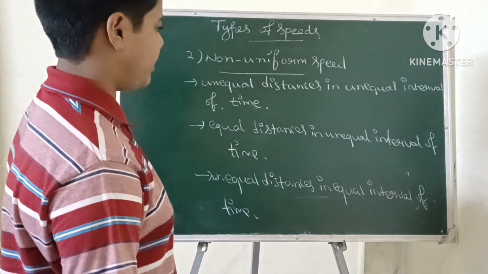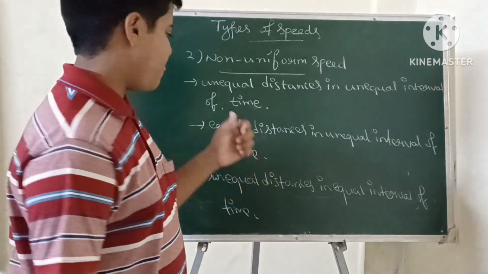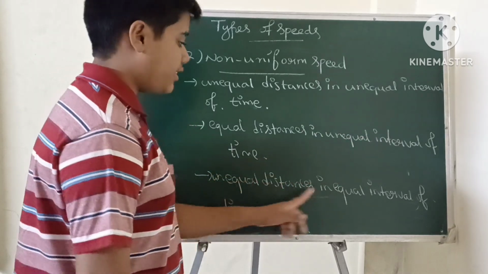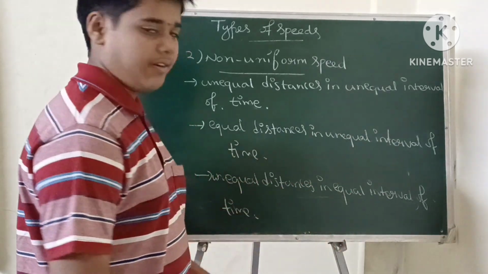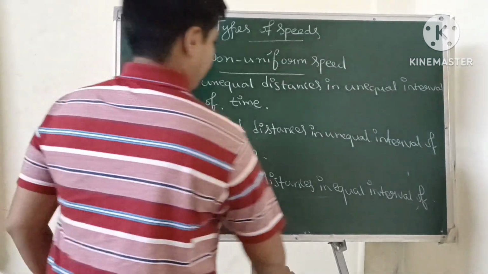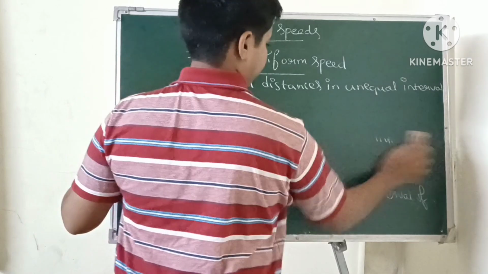Okay, so these are three definitions: unequal distances in unequal interval of time, equal distances in unequal interval of time, unequal distances in equal interval of time. Okay. So we have to remember one of the definitions.